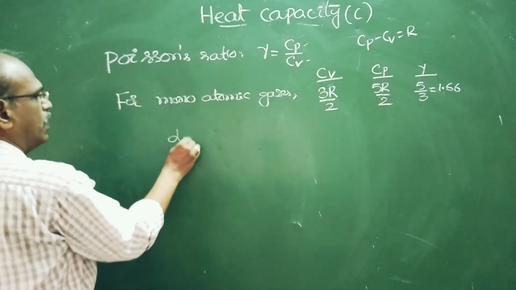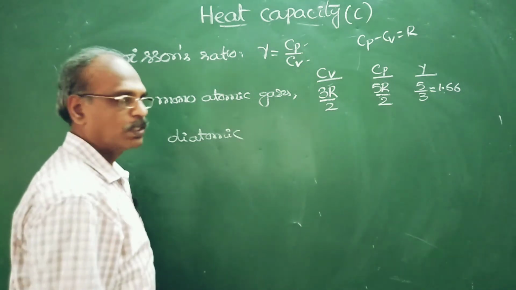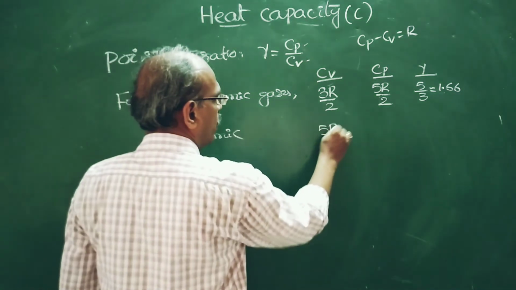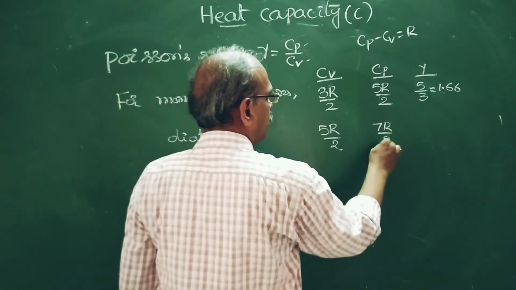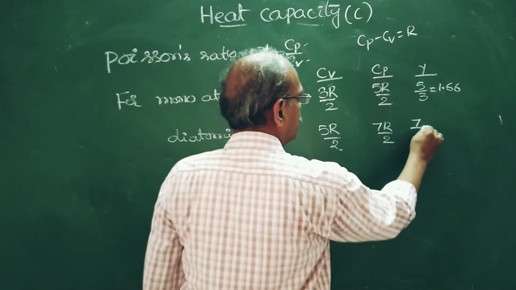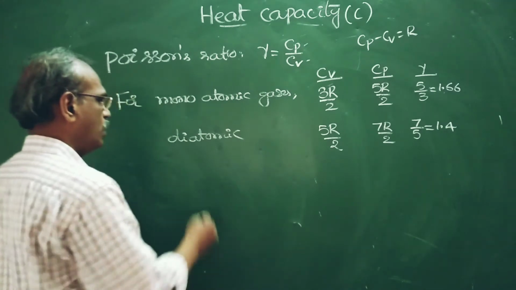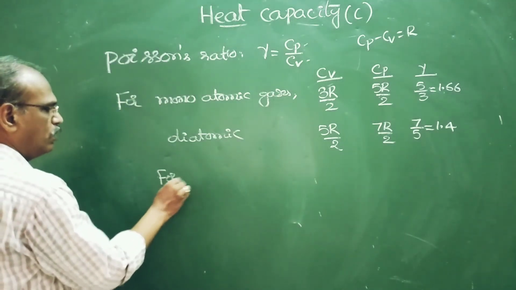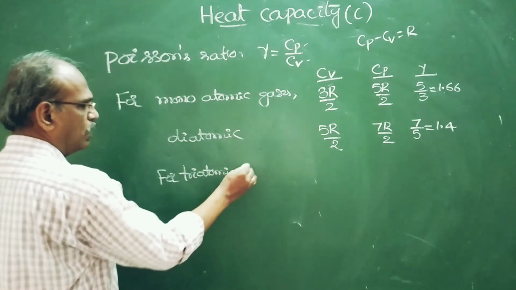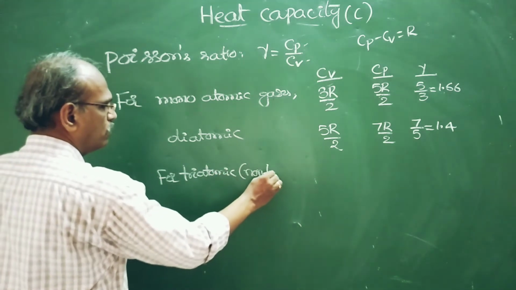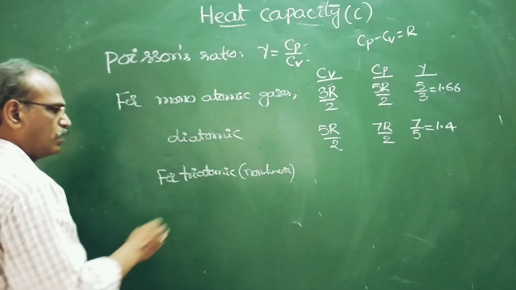For diatomic gases, this is 5R by 2 and this one 7R by 2. So therefore it is 7 by 5, 1.4. For triatomic, that too non-linear. If it is linear, the value is different.